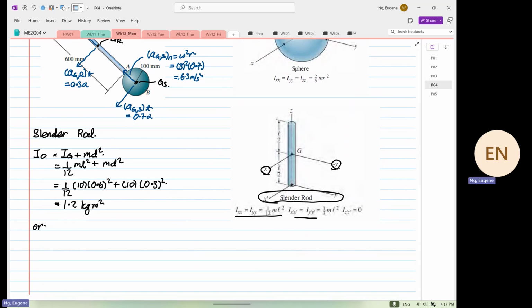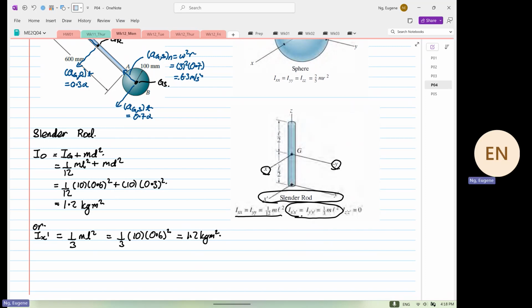Or you can use this formula over here, I_x prime, which is equal to 1 over 3 m l squared. So 1/3 multiplied by the mass of 10 multiplied by the length of 0.6 squared, which is also equal to 1.2 kilogram meter squared.